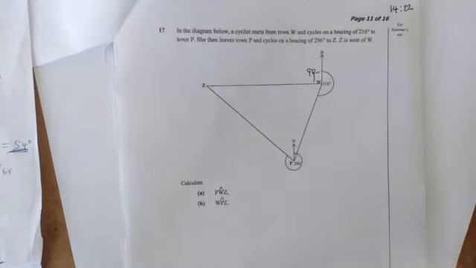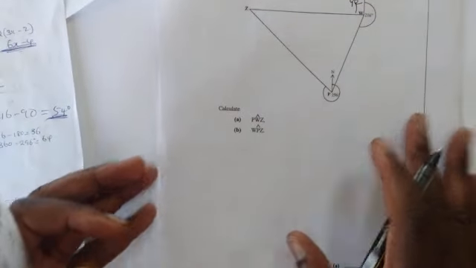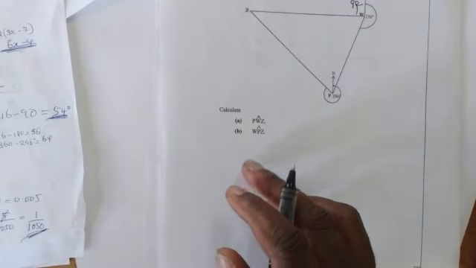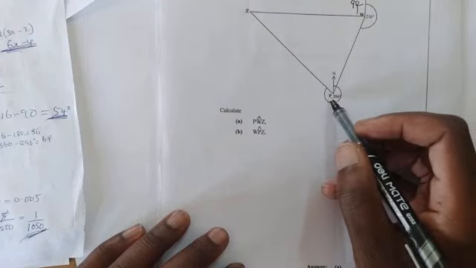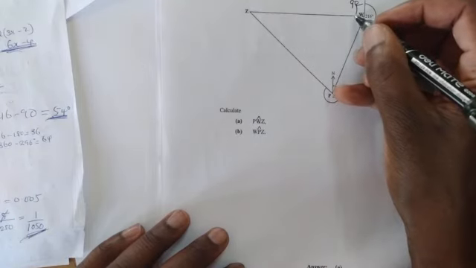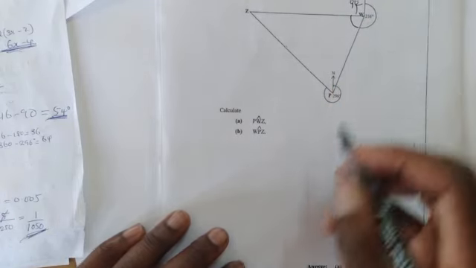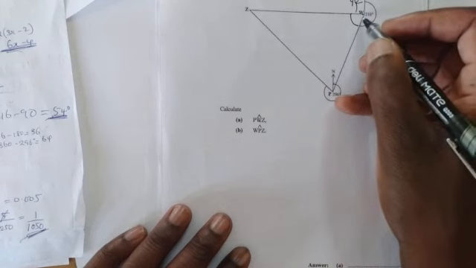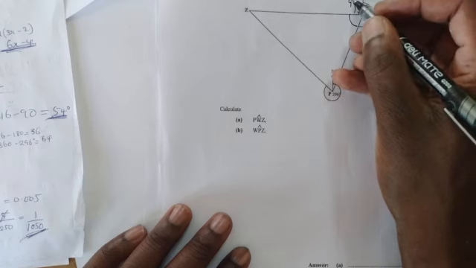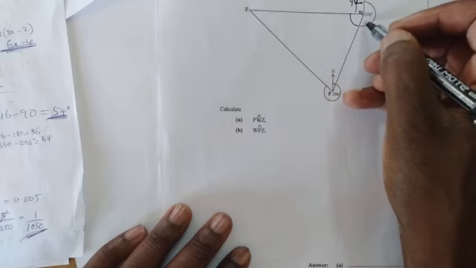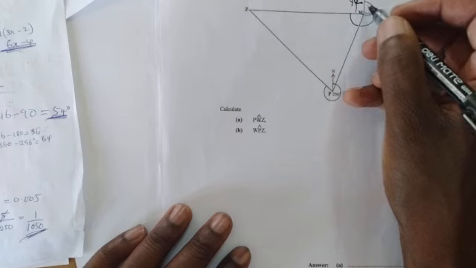So now we can come to the angles that they want us to find. So calculate angle PWZ, which is this angle here. How do we find this angle? You know that when we add these three angles here, the 90 plus this one that we are given and this one, they must give us 360.